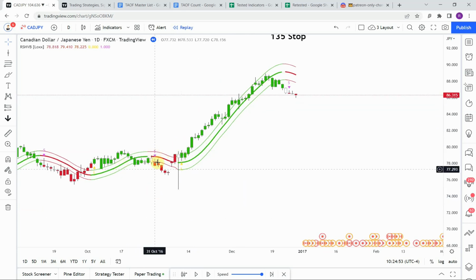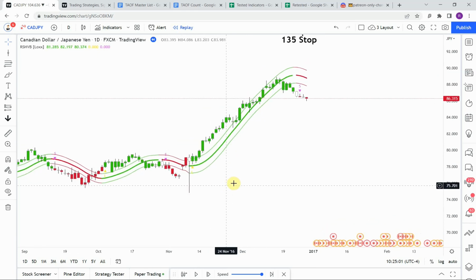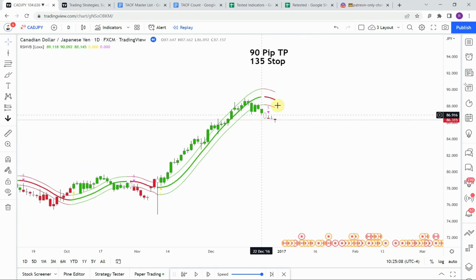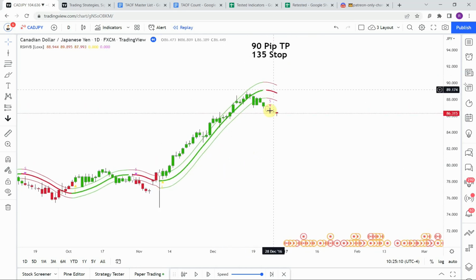As we get the S, we get the red bar coloration. As we get the L, we get the green bar coloration. And there does seem to be some kind of buffer in between these white bars right here. Not exactly sure what those are, but I think there's some kind of a buffer in between the two, so we don't get quite as much of a whipsaw type action from one to the next.